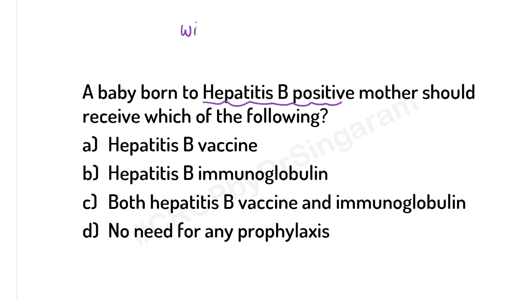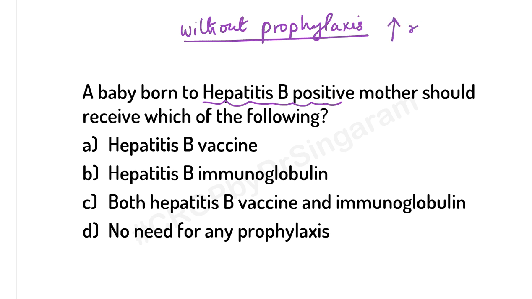Why? Because without prophylaxis, there is an increased risk of infection, obviously, but what is more important is that there is also an increased risk of chronic infection with hepatitis B.